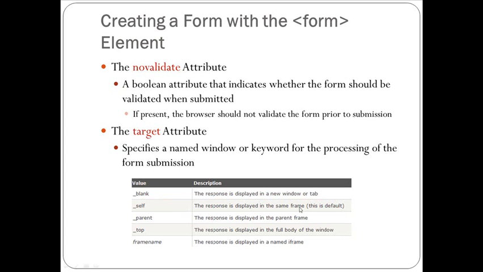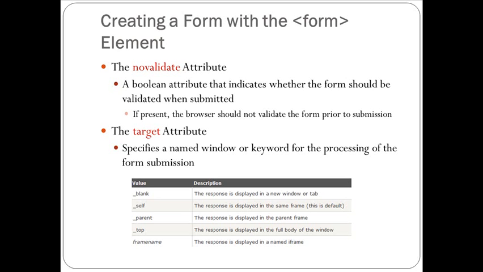So if you don't use the target, it's going to open up in the same window that the page you're looking at, or that contains the link, is open in. _parent displays it in the parent frame. _top displays it in the full body of the window, and then there's the frame name. We talked about iframes. You would give the iframe a name, and you could then tell the browser that this target is this page or this window. Actually name it, and it'll open up in that.